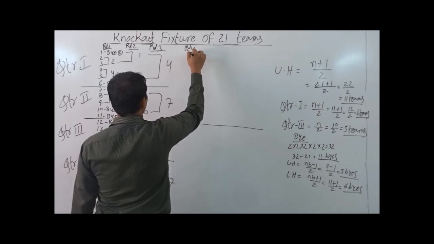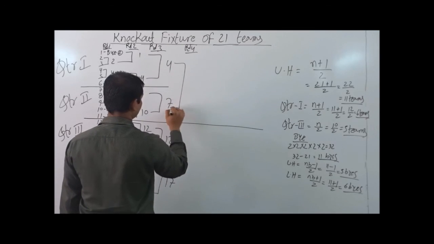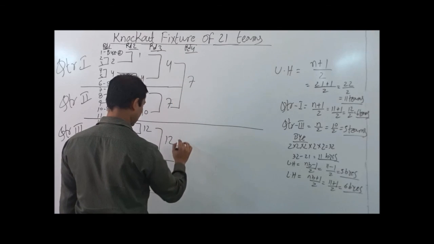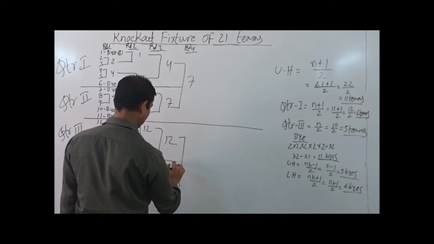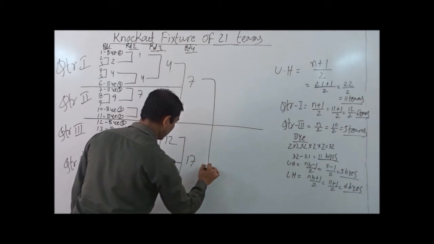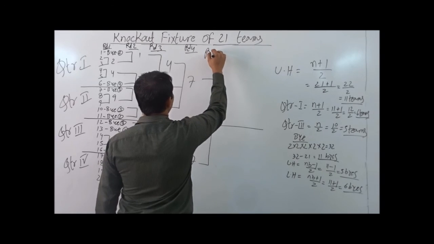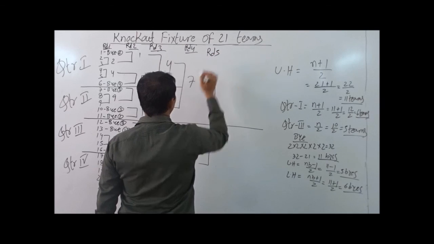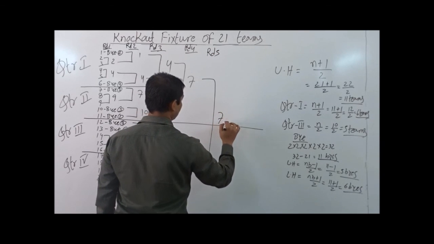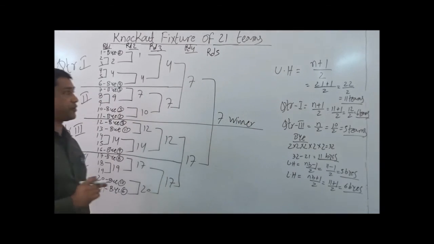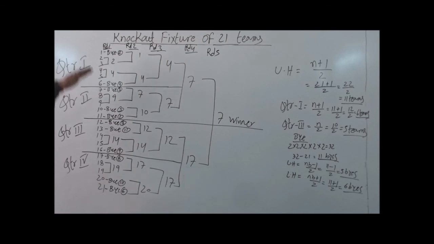Moving forward, round 4. This is the fixture for 21 teams where we have divided into 4 quarters.